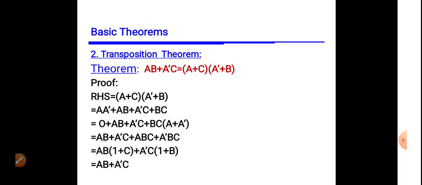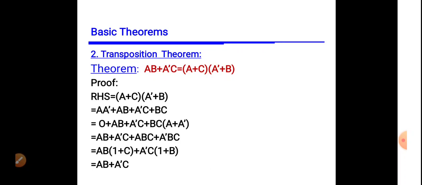And the next one is the transposition theorem. The transposition theorem states that AB plus A bar C is equivalent to A plus C into A bar plus B. Take the right hand side of this expression, expand it and apply the laws and identities. We need to remember these theorem statements, and we need to prove that the left hand side is equivalent to the right hand side.